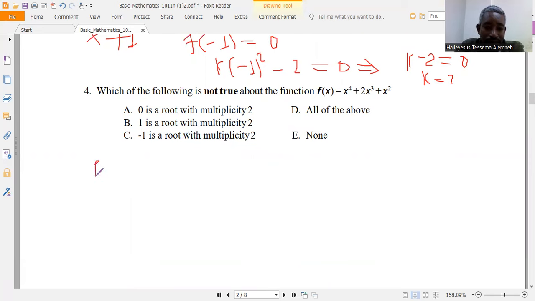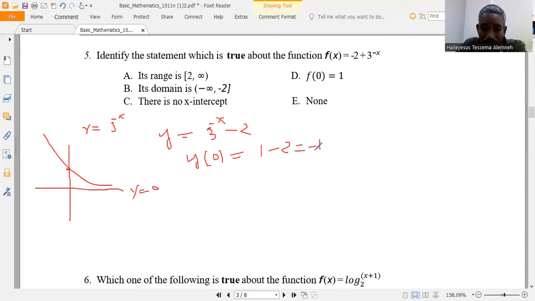When x is 0, y of 0 is equal to 3 to the power of minus 0, which is 1, minus 2, which is equal to minus 1. This is the y-intercept. From the original function, the y-intercept was y equal to 1. Now we moved down to y equal to minus 1.